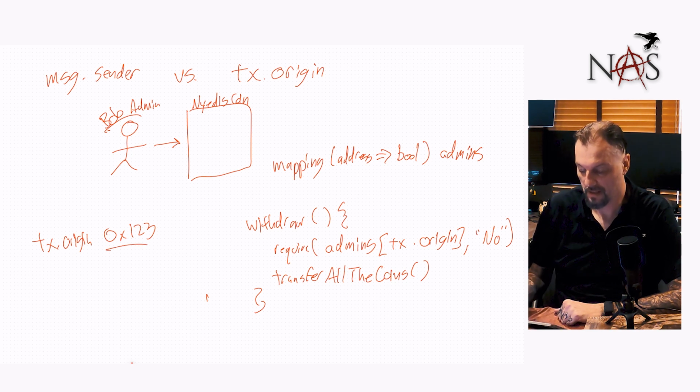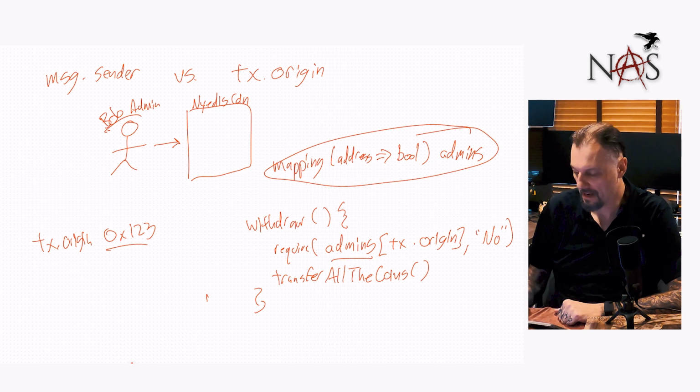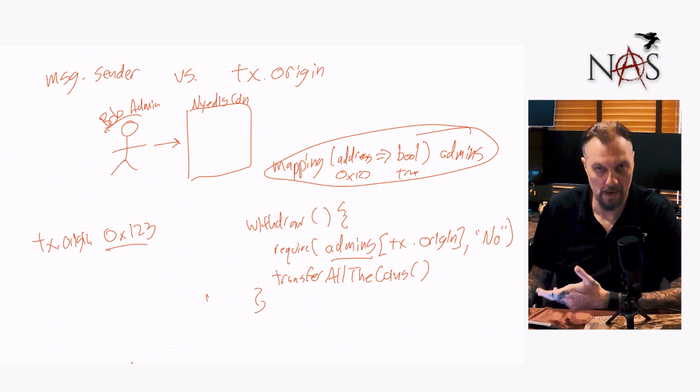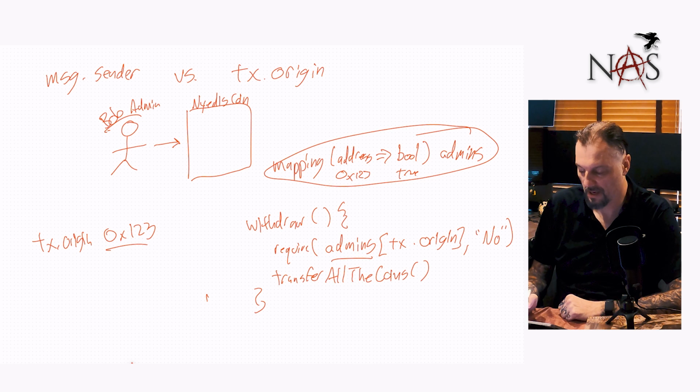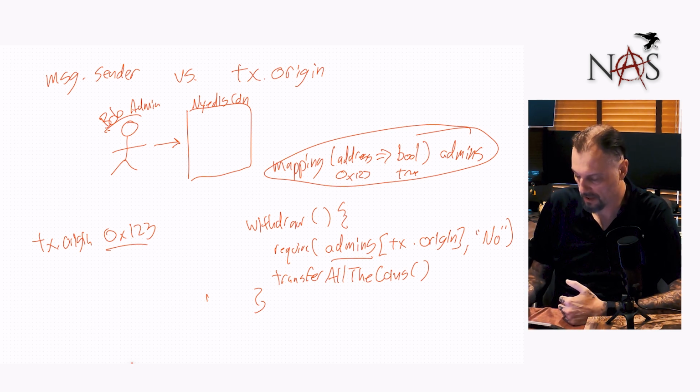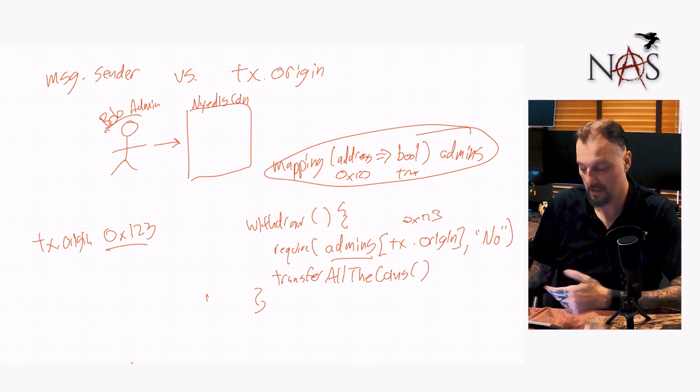When he goes to the Nidus contract, this require statement is requiring that the admin's mapping says he is an admin. In here, we're just storing the address, so this is going to be 0x123, and we're going to make this true. So we're saying that 0x123, Bob, is an admin. In this require statement, we're validating that the transaction origin, which in this case is 0x123, is true. And for Bob, it is, because he is an admin.